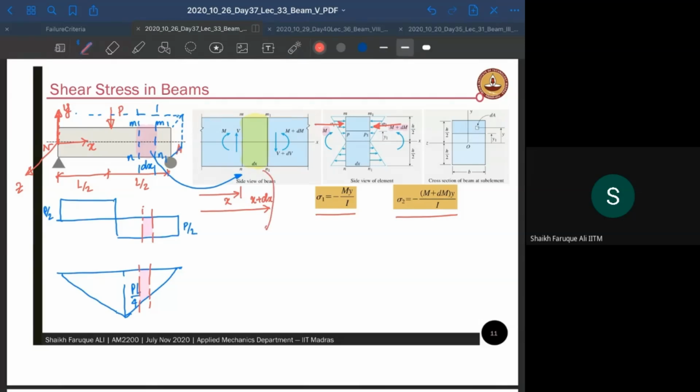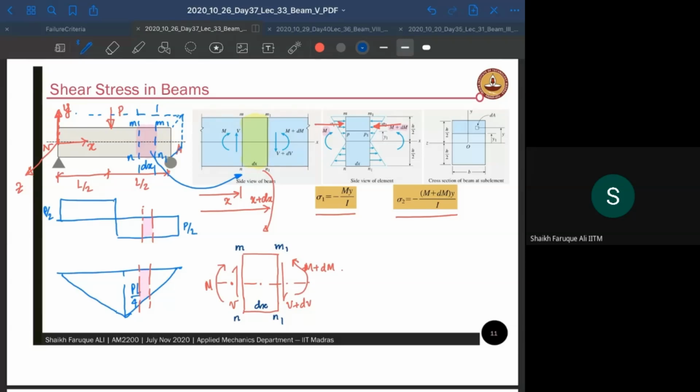So if I draw it like this, this side is going to be M with the vertical shear force V. This side it will be a downward shear force V plus dV and a moment M plus dM. This is your mn, m1 n1, and this distance is dx, right?